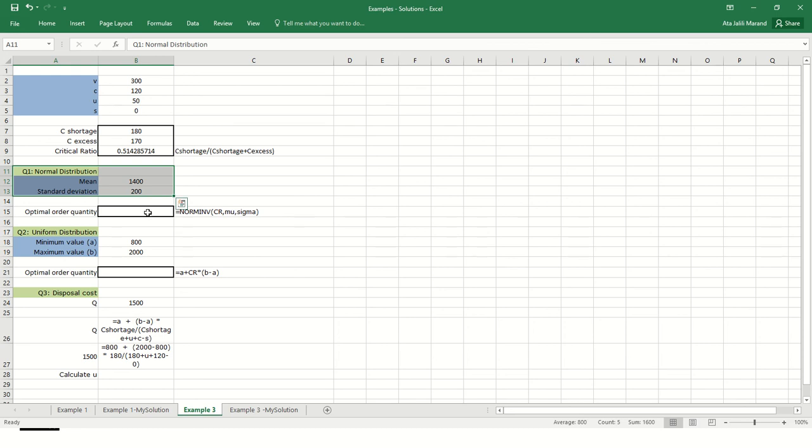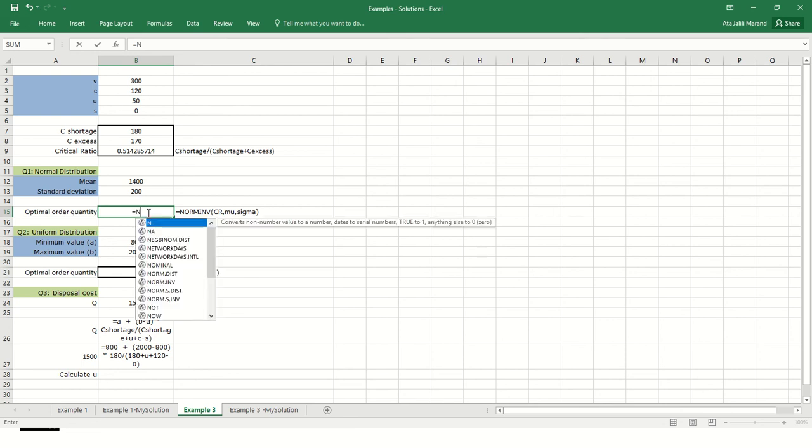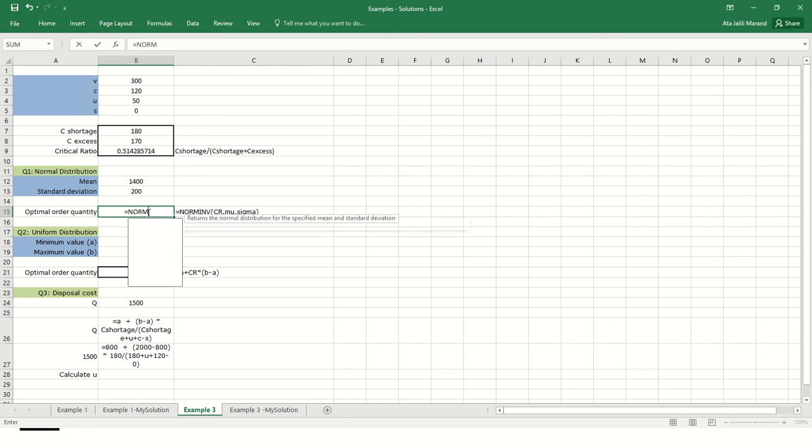The mean and standard deviation are given, so I can simply use the NORM.INV function to find the optimal order quantity. The first argument is the critical ratio, and then the mean and the standard deviation. So the optimal order quantity is 1,408.